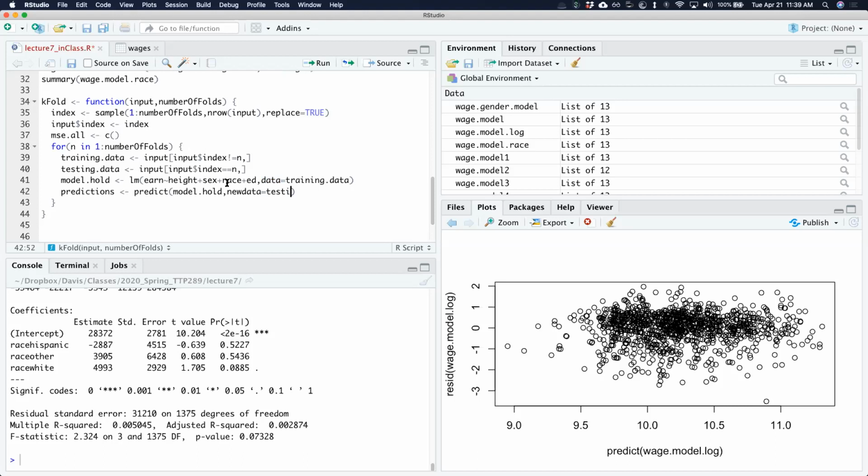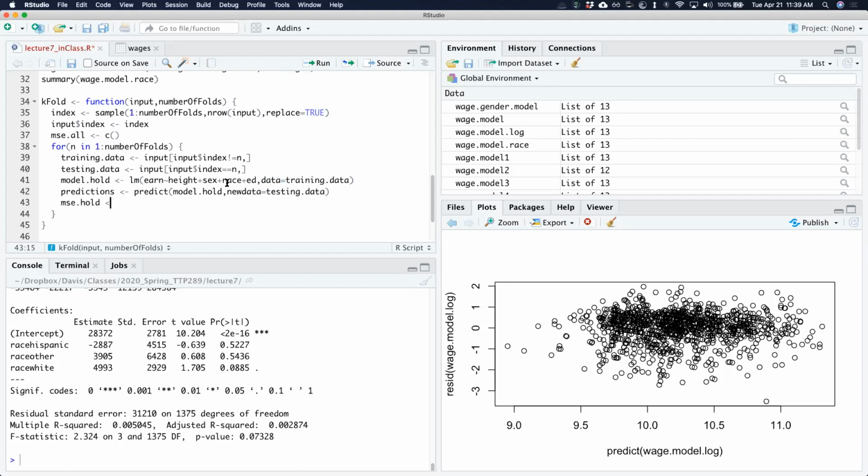So here, we're not doing new data equals training data, we're doing new data equals testing data. So this is going to give us the y-hat predictions of our model that's been fit to the training data, using the testing data. So this is an out of sample prediction.